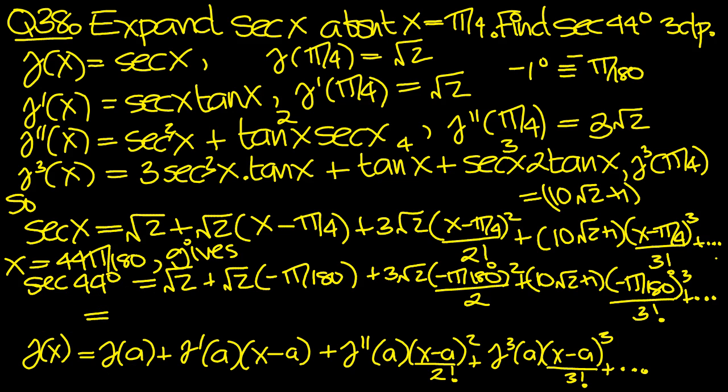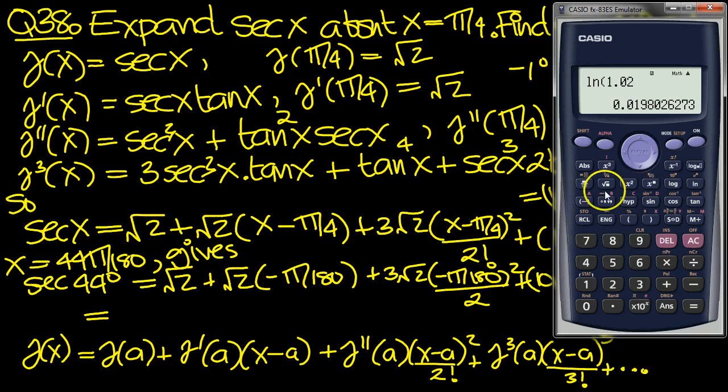So let's tap it in the calculator and see what we get. So we're going to get root 2 plus root 2 times this bracket here, negative pi divided by 180, and that's just that, plus 3 root 2 times this bracket now again, negative pi divided by 180, bracket squared divided by 2.